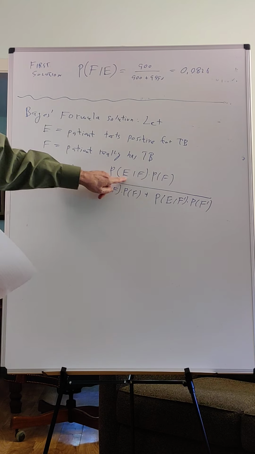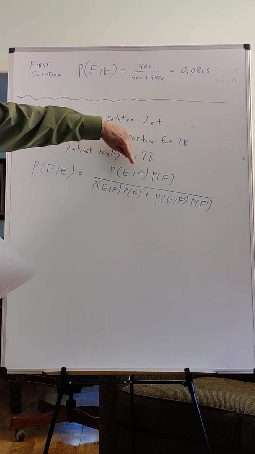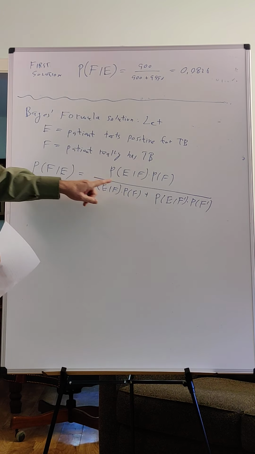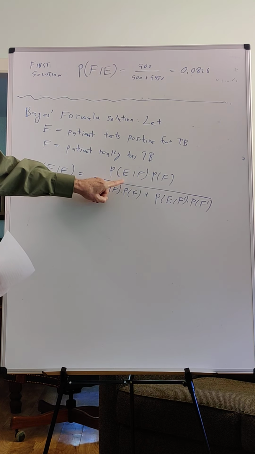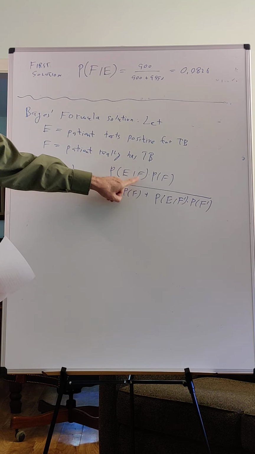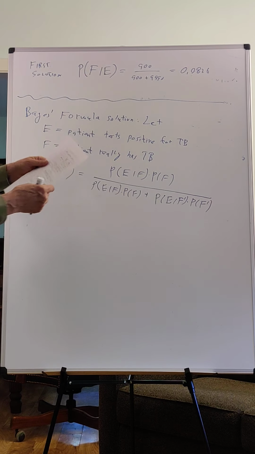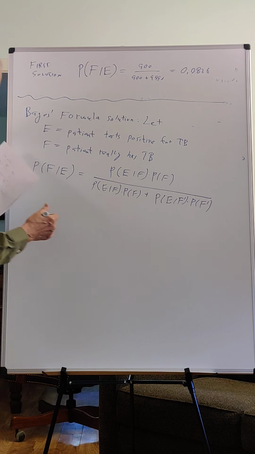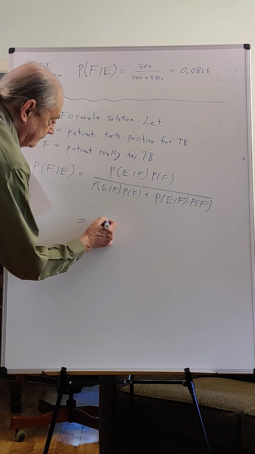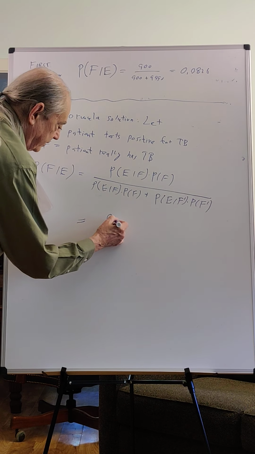All right, so we have these two conditional probabilities here. What's this? This is the probability that the patient tests positive for TB given that he has TB. So we look in the problem, and that's 0.9, 90%.